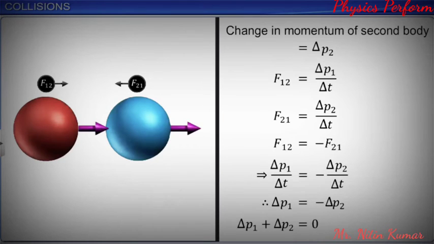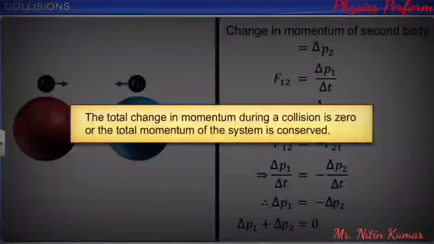Hence, we can say that the total change in momentum during a collision is 0, or we can say that the total momentum of the system is conserved during collisions.